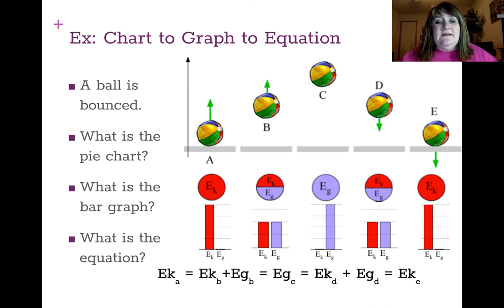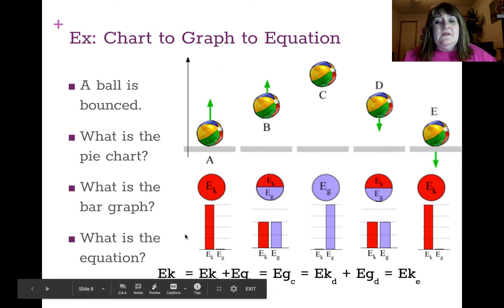This would read EKA is equal to, because of the law of conservation of energy, energy cannot be created or destroyed. It just gets transformed from one to another. So that means you're going to have exactly 4 blocks every single time. So they have to be equal.